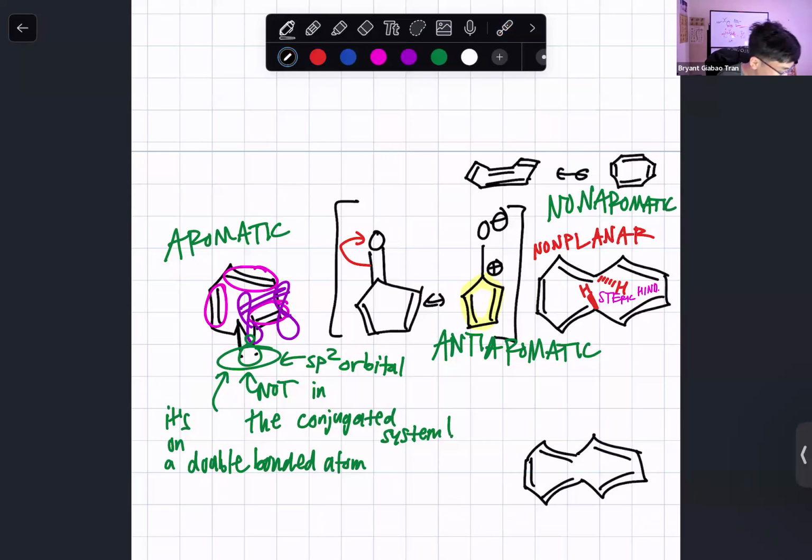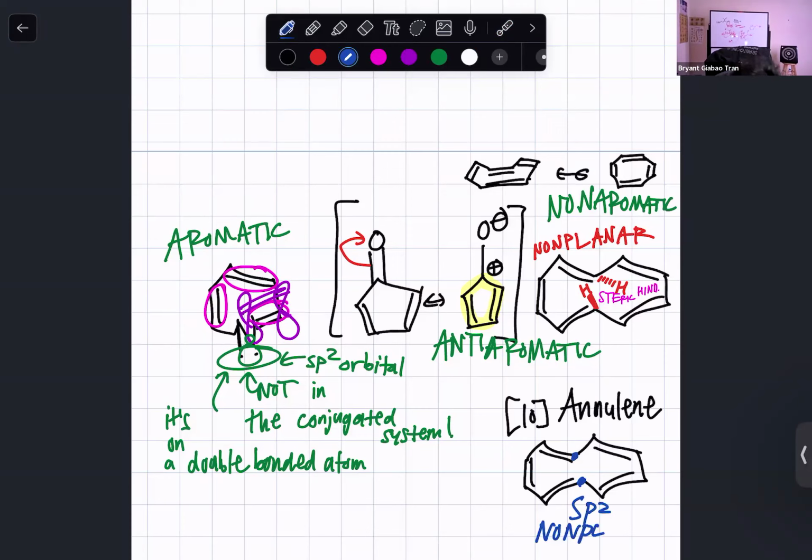These structures here, called an annulene, or specifically a 10-annulene, are the only structures I know that have sp2 atoms that are non-planar. I don't know any other structures that are sp2 and non-planar. I haven't seen another example. These are the ones I know. Yeah, these are the weird guys.